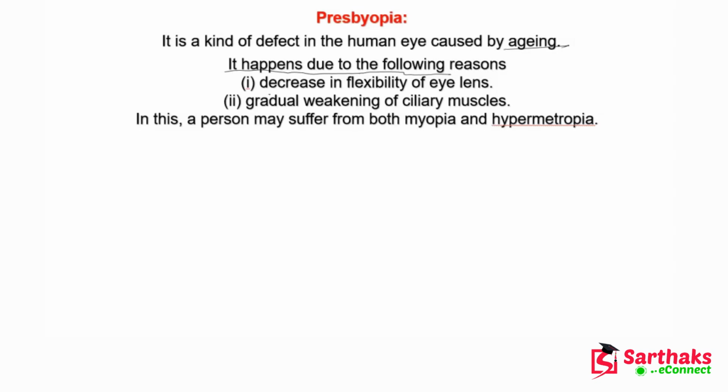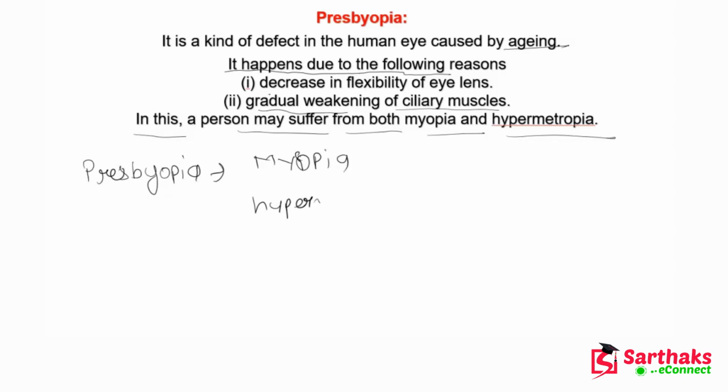Now let's talk about the second cause, and that is gradual weakening of the ciliary muscles. When the ciliary muscles get weak, the flexibility of the eye lens may be affected. In this, a person may suffer from both myopia and hypermetropia. When a person has presbyopia, he can have both effects.